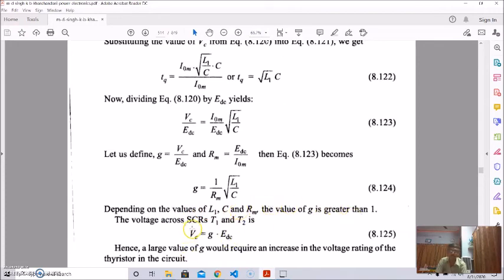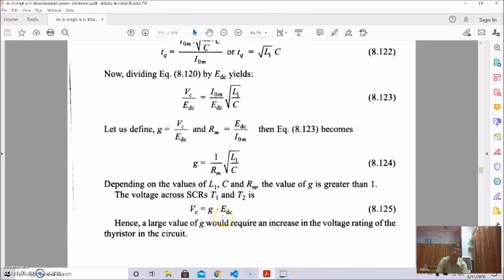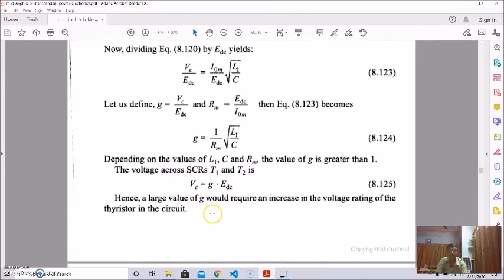The voltage across SCR T1 and T2 is therefore VC equals G into EDC. Hence a large value of G would require an increase in the voltage rating of the thyristors in the circuit.